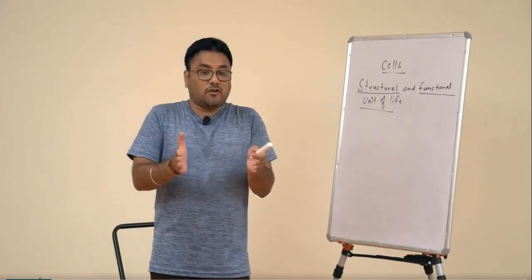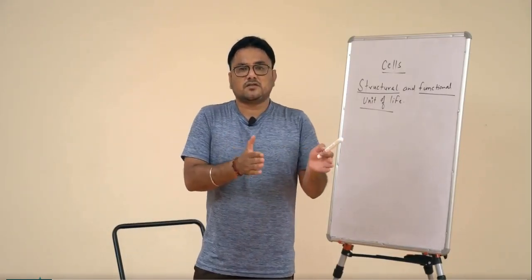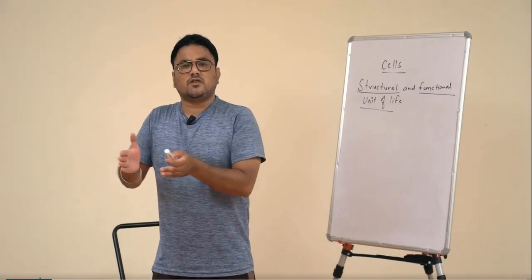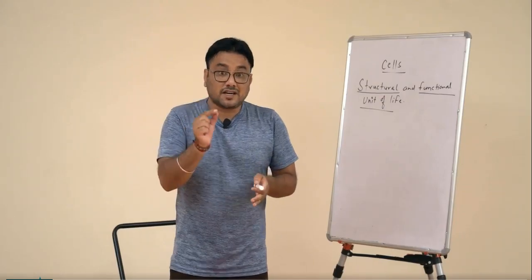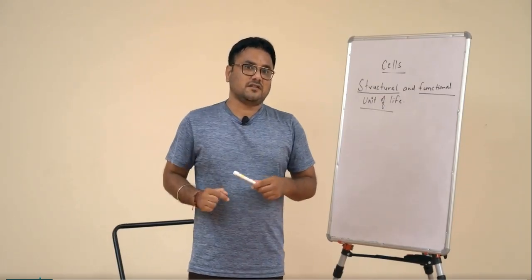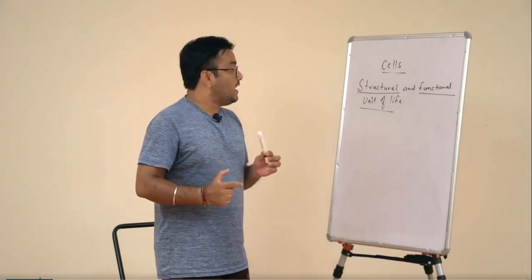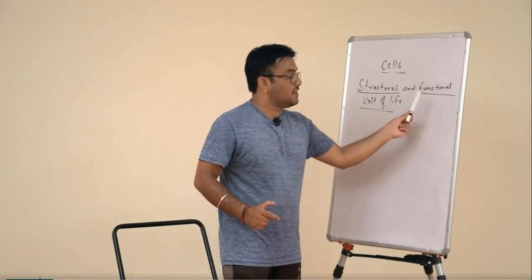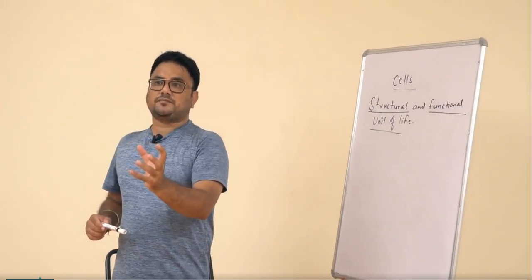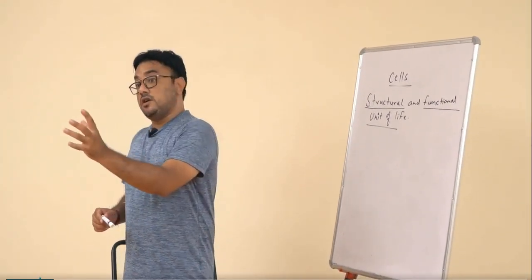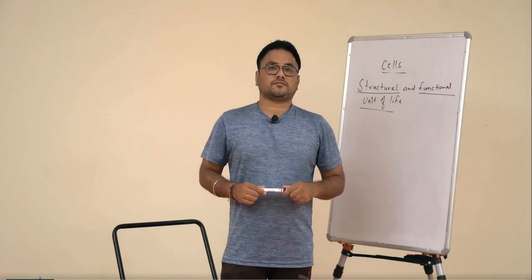When there is no cell formation, there are no eyes, no limbs, no heart, because the journey starts from the cell first. So it's very simple, right? Now, next we come to the functional. Functional unit means, now I take you an example.